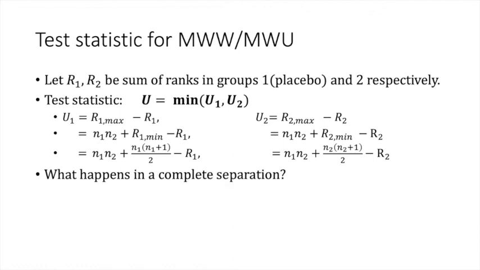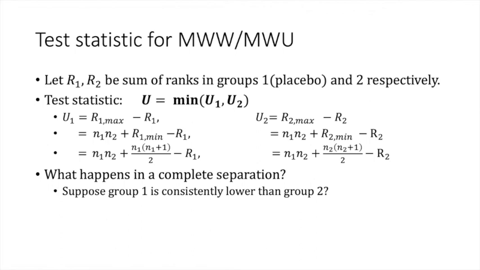So you should think what happens if the two groups are completely different from each other. Suppose group 1 is consistently lower than group 2. Notice in this case, group 2 will occupy the highest set of ranks, and the sum of their ranks will equal R2 max.